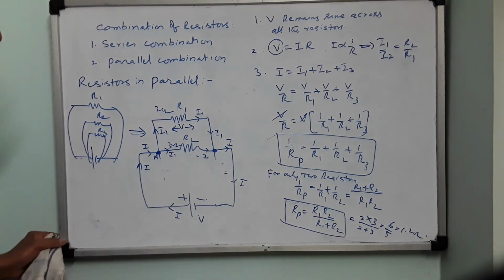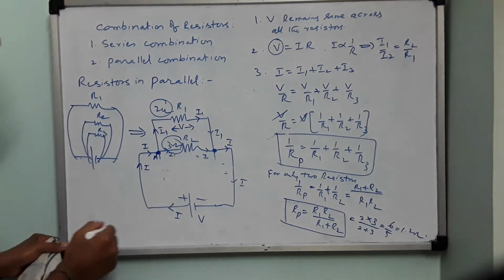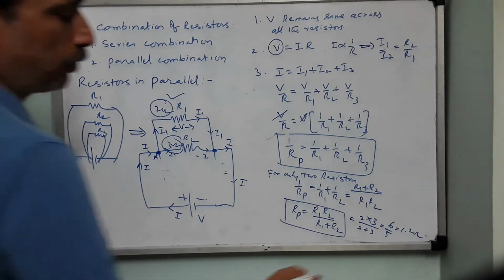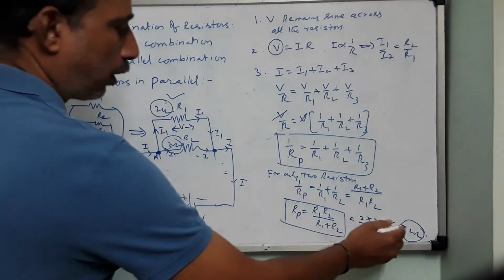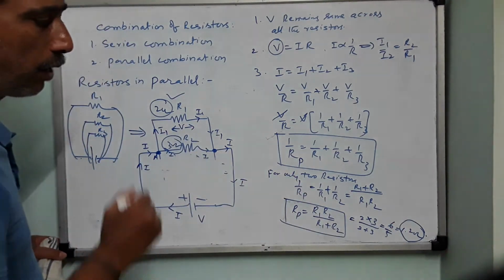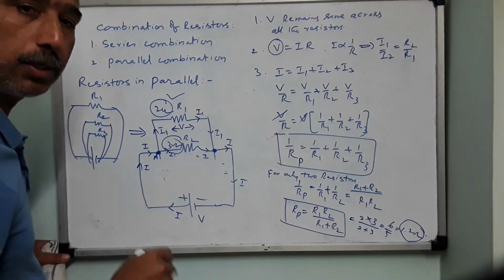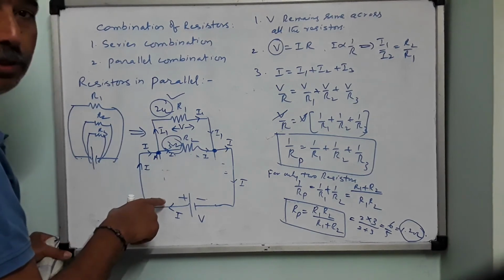Net is how much? 1.2. What is the least value of the two? 2 ohm is the smaller. How much did you obtain? 1.2 ohm. That means if you correlate these two things, you will understand that the net resistance in the parallel combination is less than the lowest of the combination.